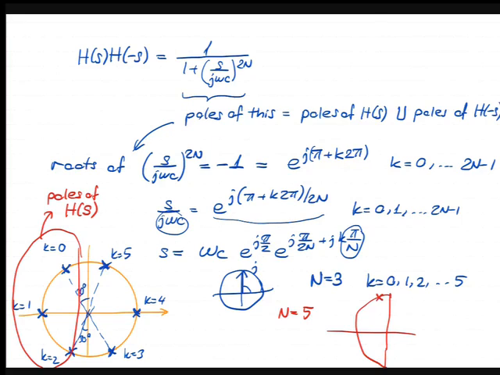No, that's not right. Pi over 2n. Pi is what? 180. 18, that's right, 18. You start with 18, go another 36. Another 36 will put you here. Another 36, and another 36. Those are the poles of a Butterworth filter that is of order 5.